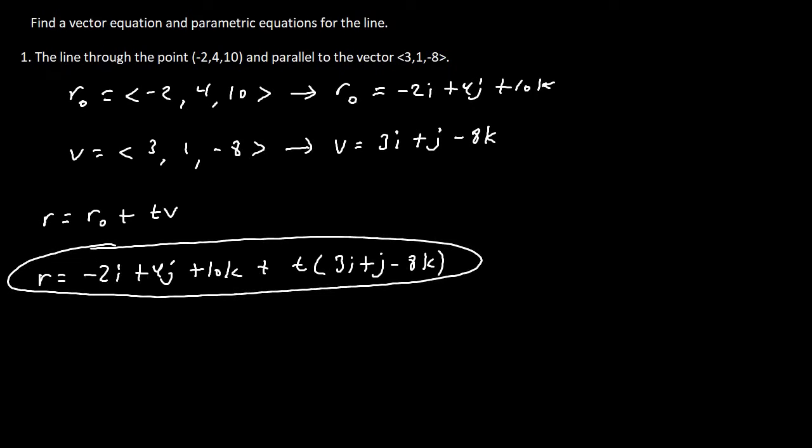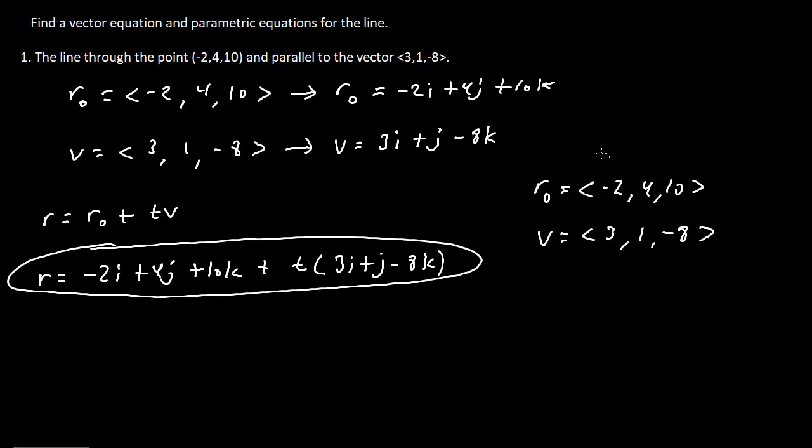Now let's find the parametric equations. I'm going to rewrite the vectors in their components for r sub naught and v. So r sub naught is (-2, 4, 10), and vector v, the parallel vector, is (3, 1, -8).